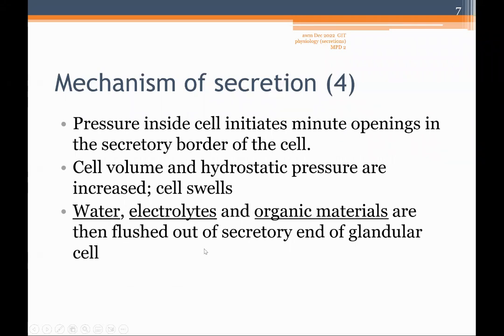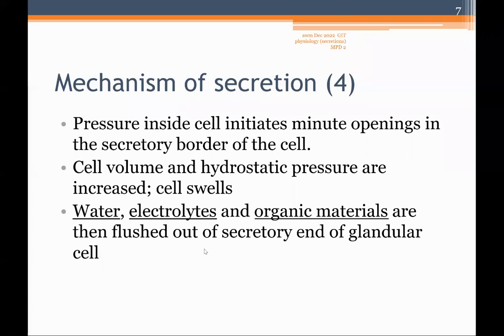Then the pressure inside the cell builds up, and it will continue building up until it causes minute openings in the secretory border of the secretory cell. The cell volume and the hydrostatic pressure continue to increase.